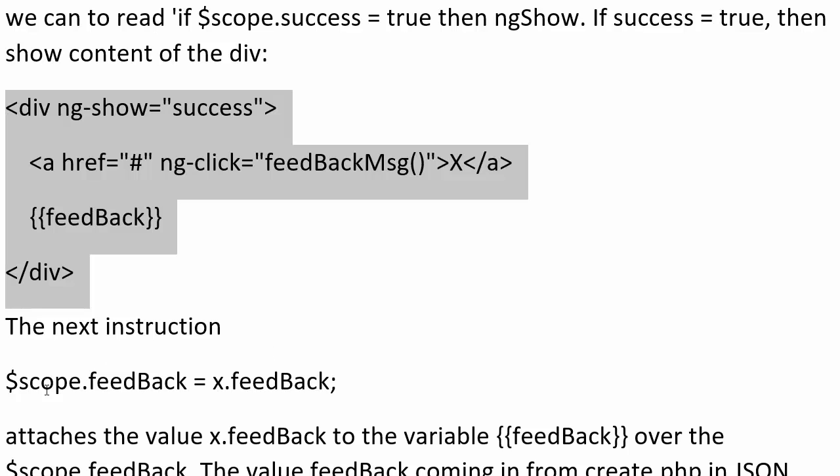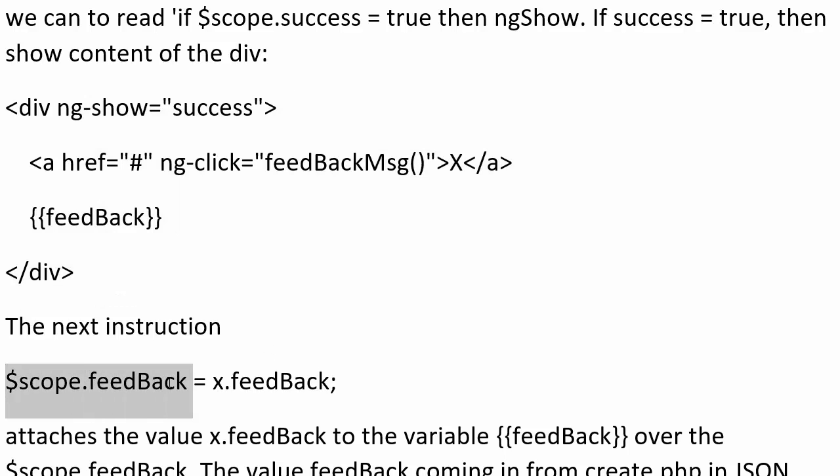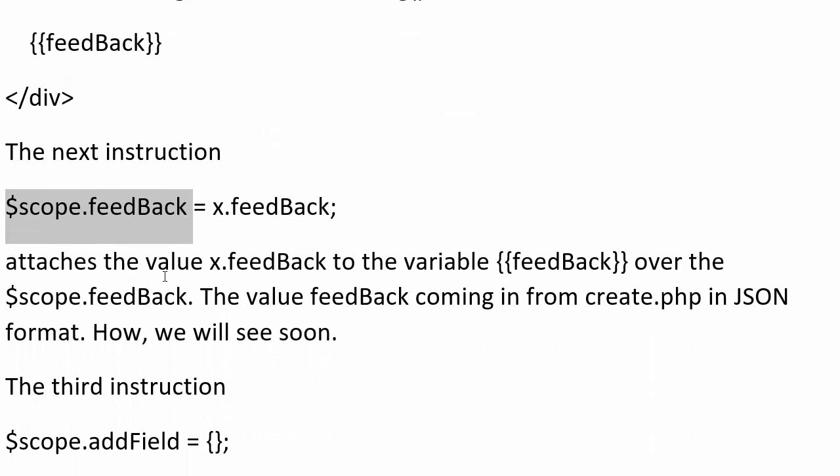The next instruction, $scope.feedback equals x.feedback, attaches the value x.feedback to the variable $scope.feedback. The value feedback comes in from create.php in JSON format, as we will see soon.